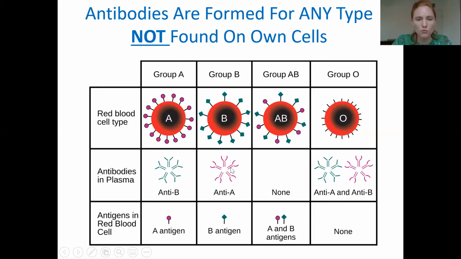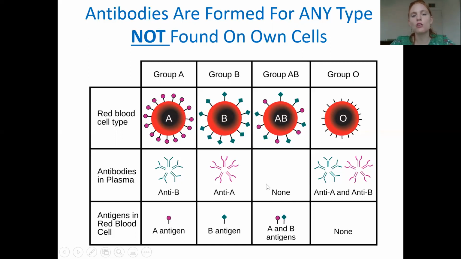Now, those ones make sense. What about if you are type AB? Remember, for AB, you have both A antigens and also B antigens. Notice that there's no such thing as AB antigens. It's A and also B. So that means you don't want to make antibodies that bind to either of those, because if you did, you would destroy your own cells.